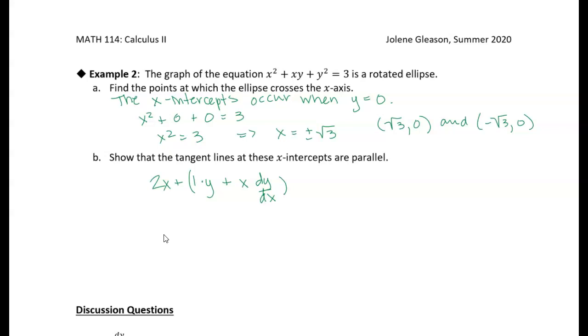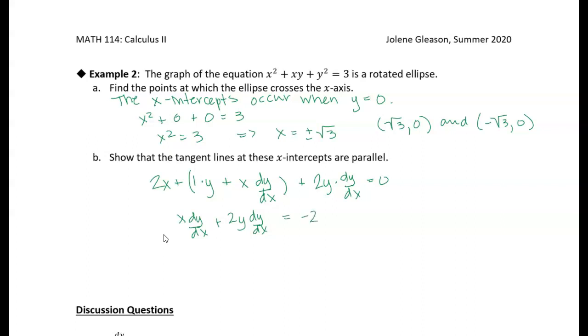And then finally, we've got the last term, which is y squared. So here we have to use the chain rule. So we get 2y, the derivative of the outside function, times the derivative of the inside function, which is dy dx. Okay, and that's equal to 0. All right, so now we have to rearrange this equation so that we can solve for dy dx. So let's see, we want to group all these dy dx terms together. So I'm just going to leave them on the left-hand side, and we'll have x dy dx plus 2y dy dx, and then we'll move all the other terms to the other side.